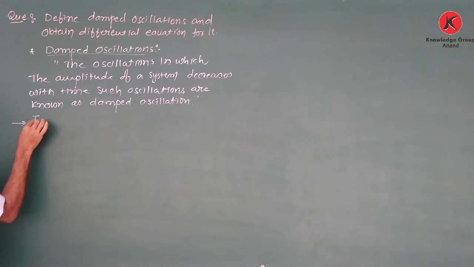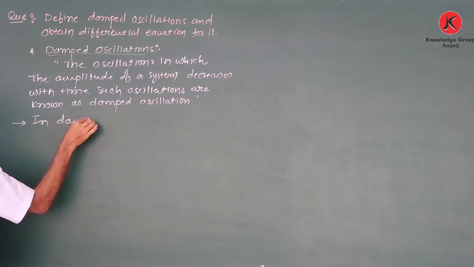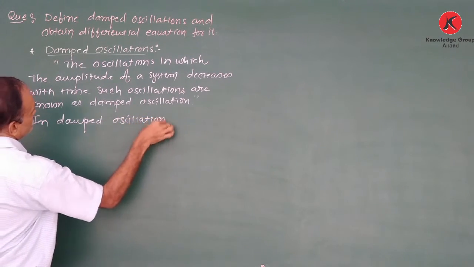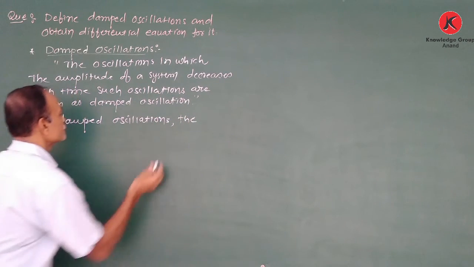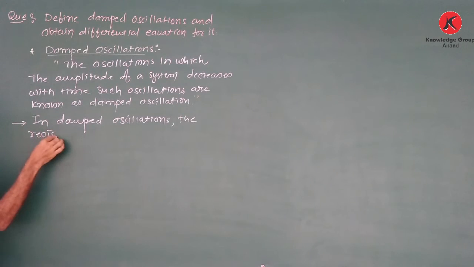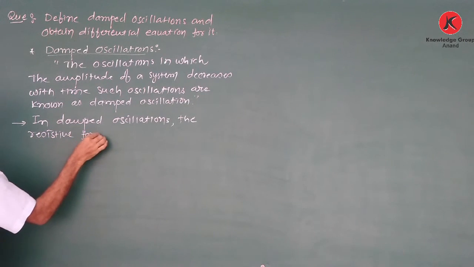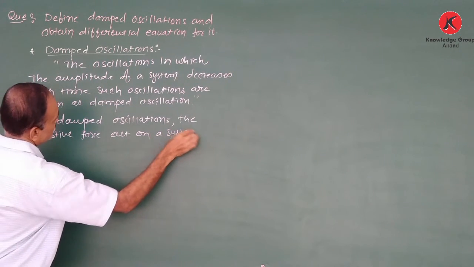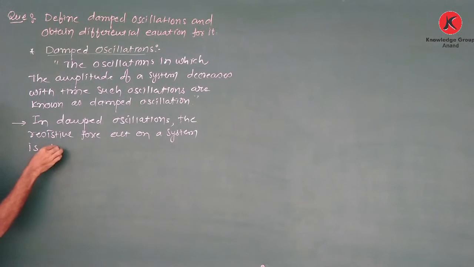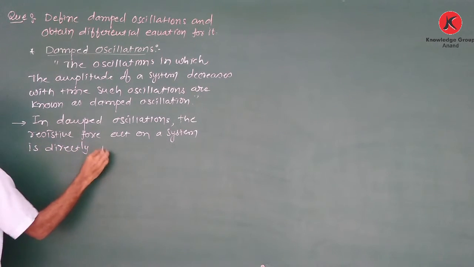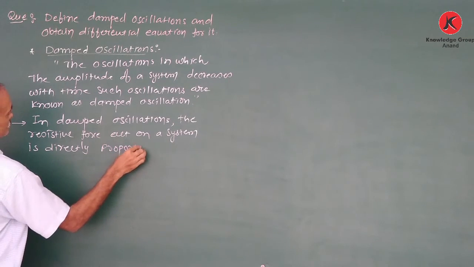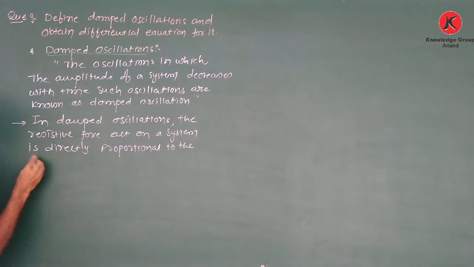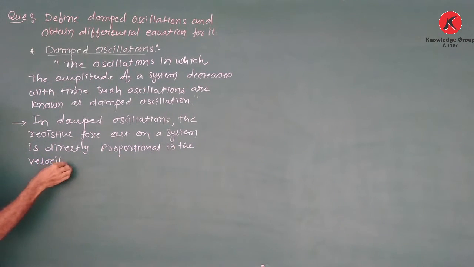In damped oscillation, the resistive force acting on a system is directly proportional to the velocity of the system.